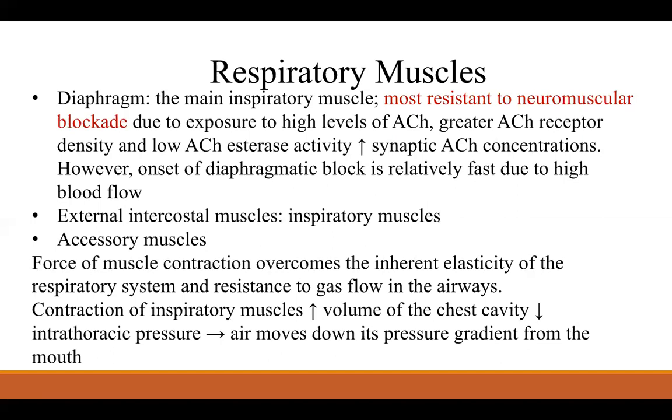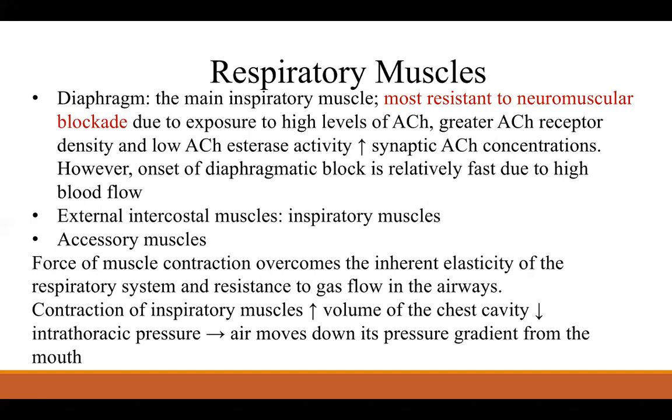Internal intercostal muscles, as they contract, would decrease the thoracic volume and increase the pressure. So it's the opposite of external intercostal muscle action. So internal intercostal muscles are used in forced breathing, but not in regular quiet breathing.